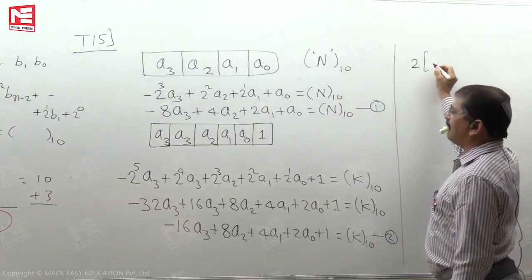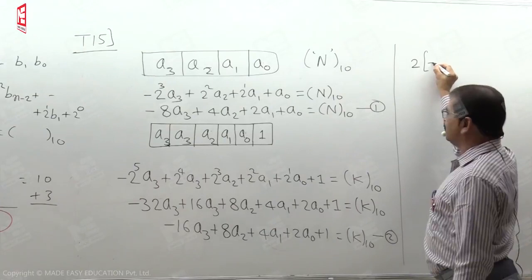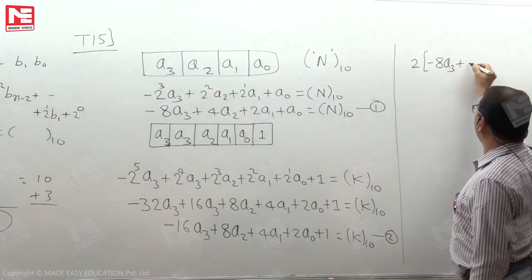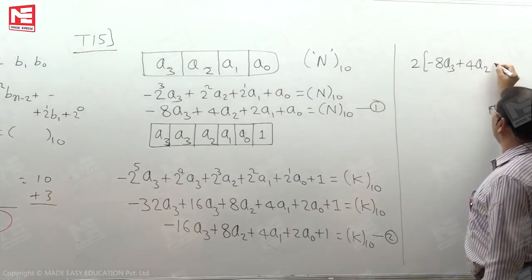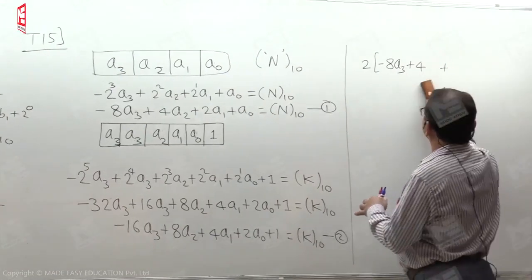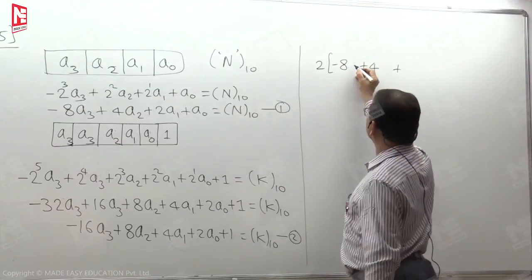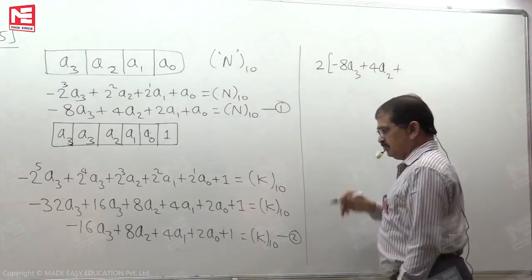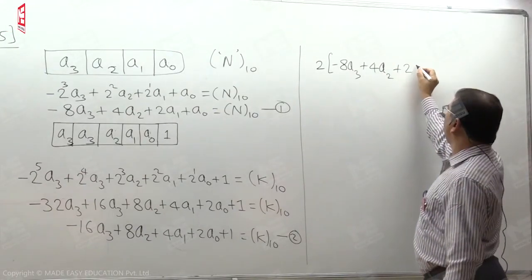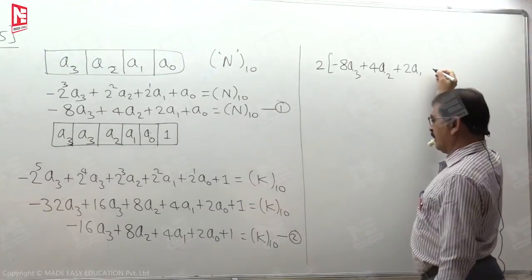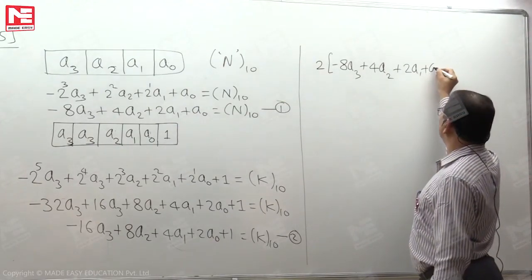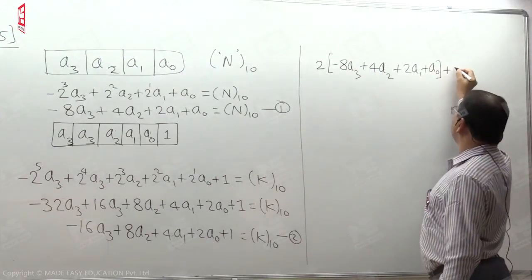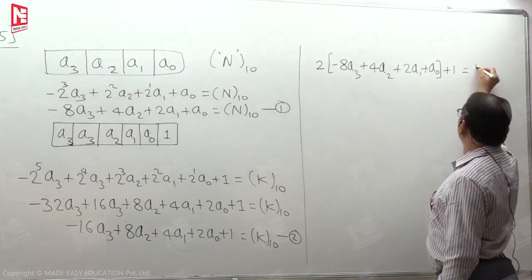If you take 2 as common, what we have here is 2 times (minus 8 A3, plus 4 A2, plus 2 A1, plus A0), plus 1, is equal to k.